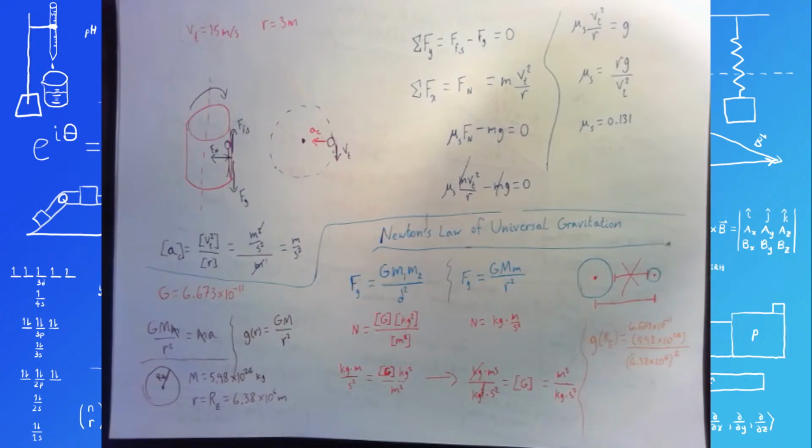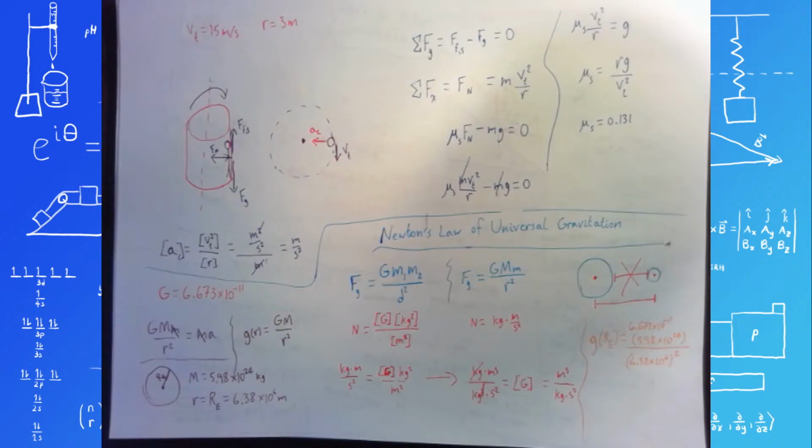So 6.673 times 10 to the negative 11 times 5.98 times 10 to the 24 divided by parentheses 6.38 times 10 to the 6, close parentheses, and square.